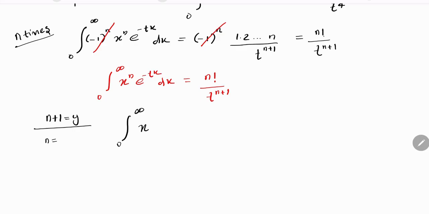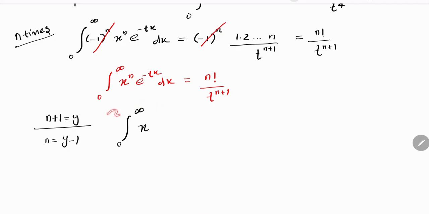If we substitute n plus 1 equal to y, then what is n? n is equal to y minus 1. Then we get an important result.